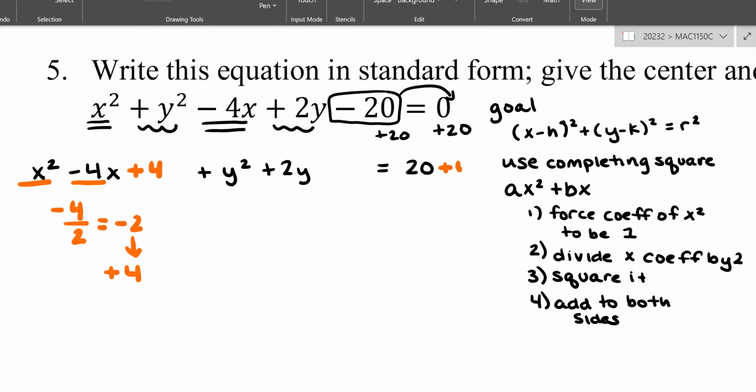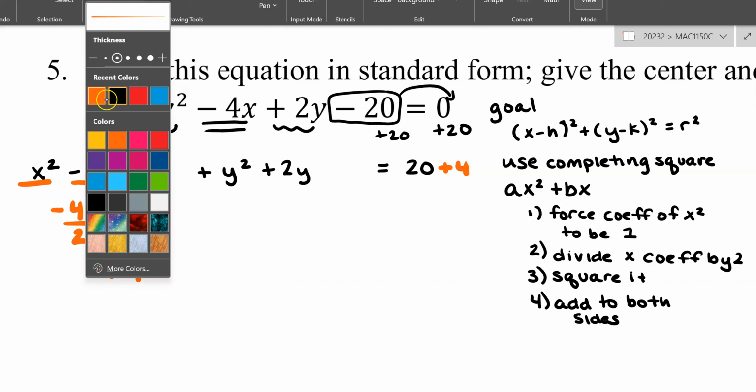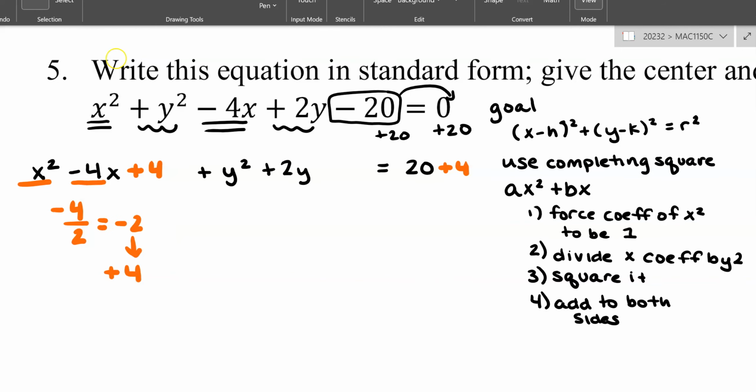I'm going to do that on both sides. So now, remember the trick: when you factor this, it's going to come out to a perfect square. This one is (x minus 2) squared.